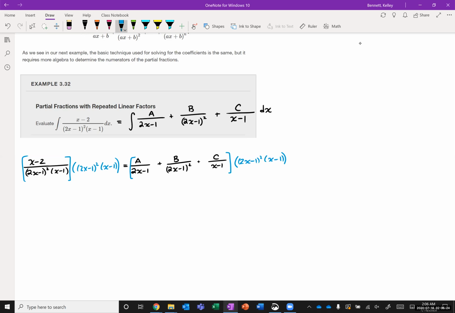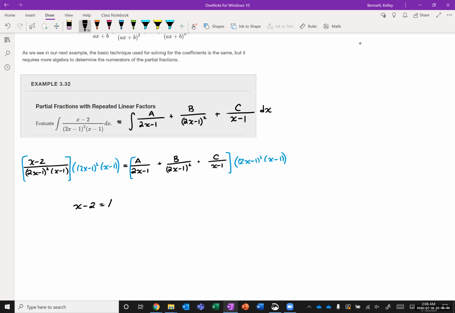So the cancellation works a little bit differently in this case. On the left-hand side, it's very straightforward. I just get x minus 2, which is fantastic. On the right-hand side, the denominator for a only kills 1 copy of the repeated factor, and then the red-headed stepchild survives.